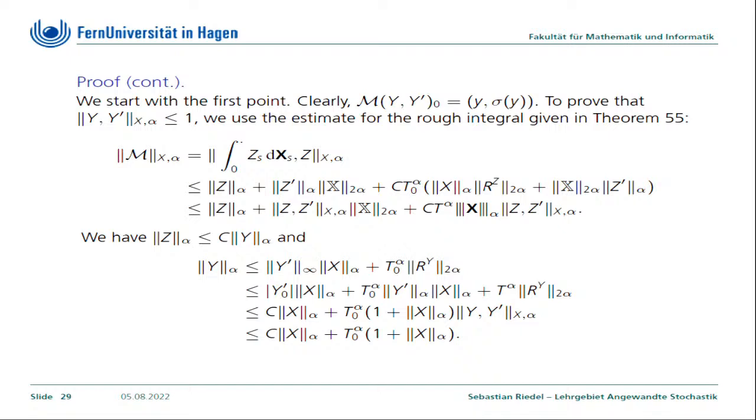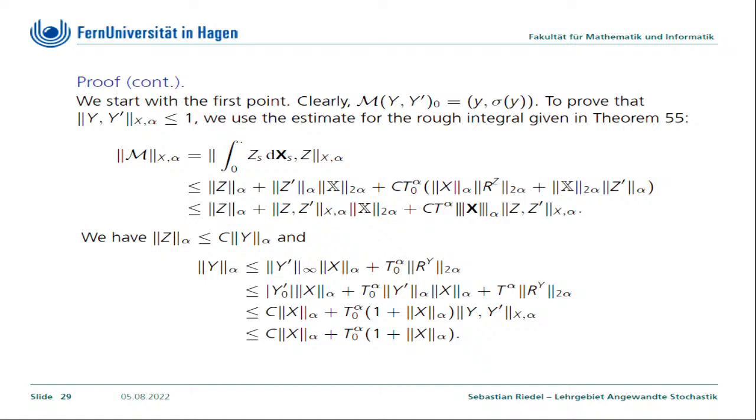So here we just use the definition, the composition of the Y. So delta Y_s is given as Y prime of s applied to X, the increment X_st, plus the remainder. This is what we use here to bound.